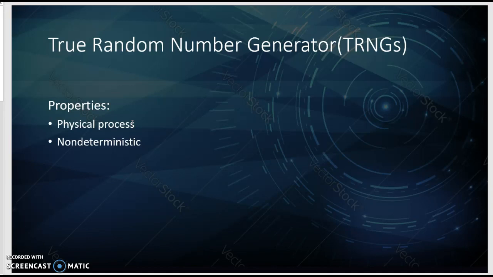And secondly, a true random number generator is non-deterministic, which means that the sequence of numbers generated by a true random number generator is unpredictable. The pattern of distribution is unpredictable by anyone.